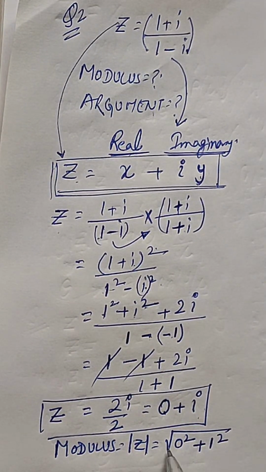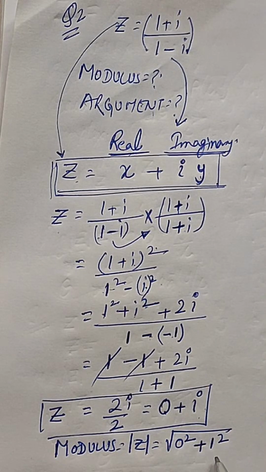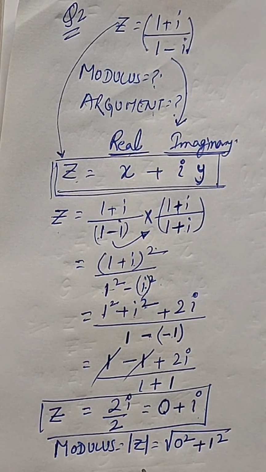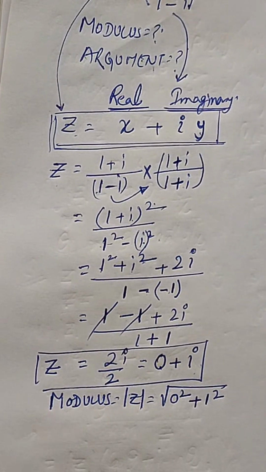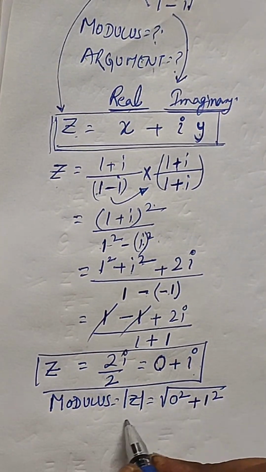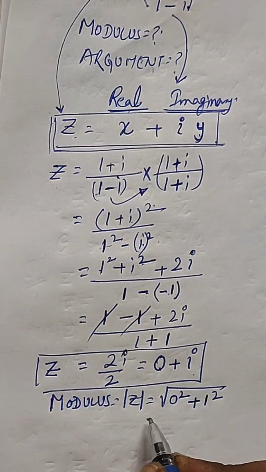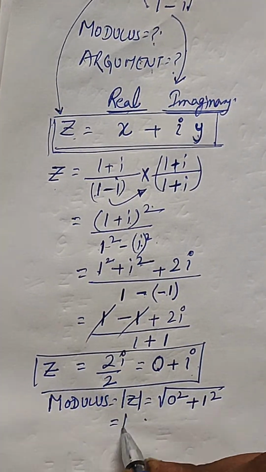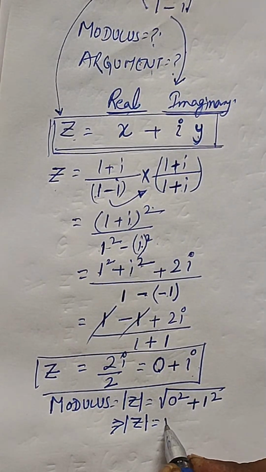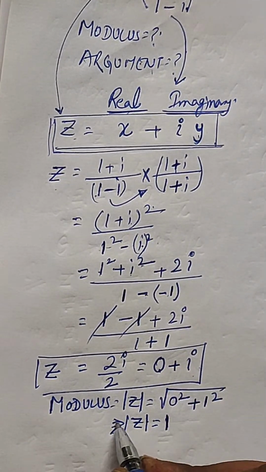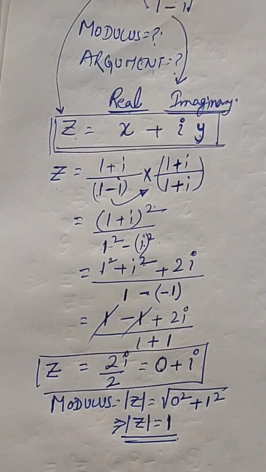So this will be coming as root over of 1, and root over of 1 is nothing but 1, right? So modulus of this complex number is found as root over of 1, which is equal to 1. So in this way modulus is calculated, right?